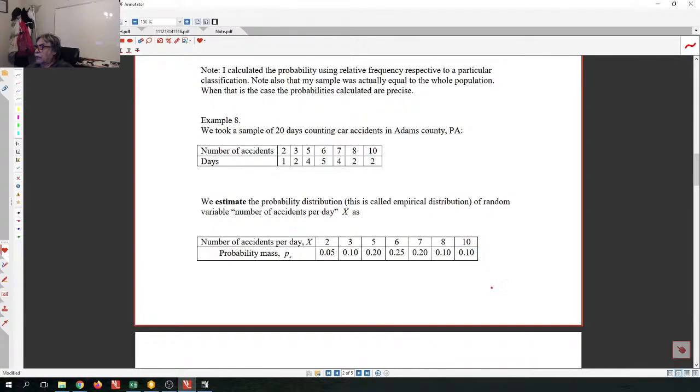Okay, so I have this distribution. This is the distribution of the number of accidents on any given day in Adams County, Pennsylvania. That's a proper name for the random variable, but I just made it shorter here. It's in the context. X is in the first row. The probability mass, or the probability of each one of them, is in the second row.